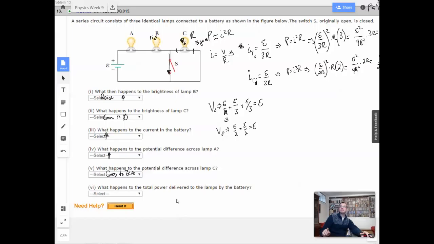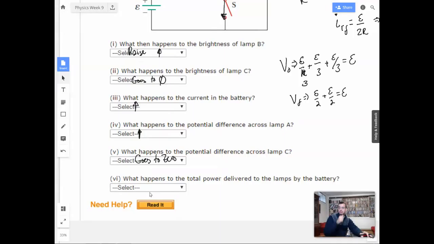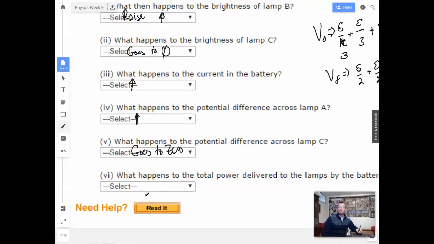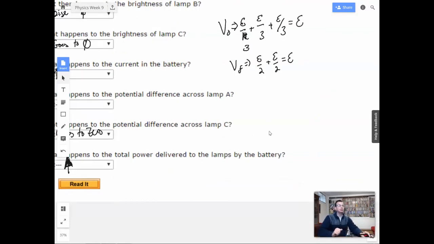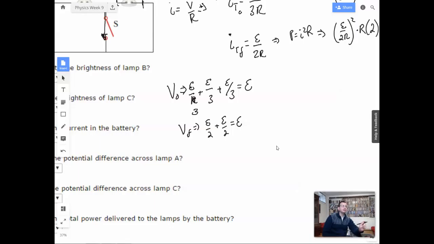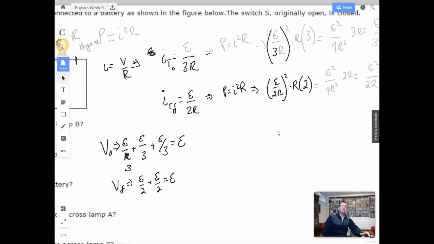Originally closed. What happens to the total power delivered to the lamps by the battery? So the power delivered by the battery rises. There's actually more power, joules per second, coming out of the battery when you take off one of the lamps, when you bypass one of the lamps.